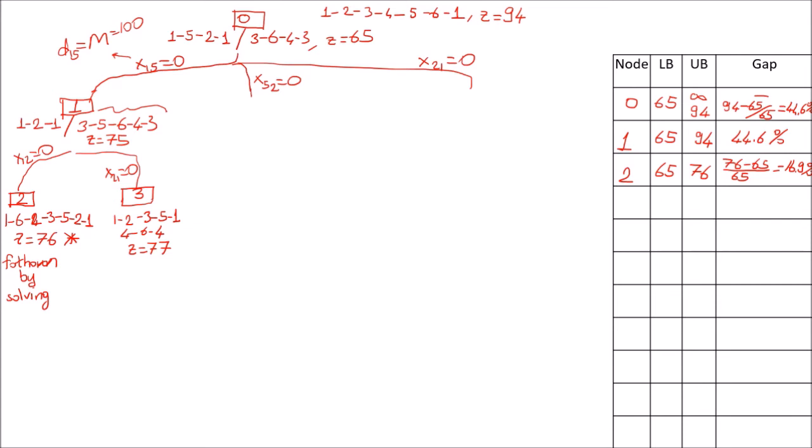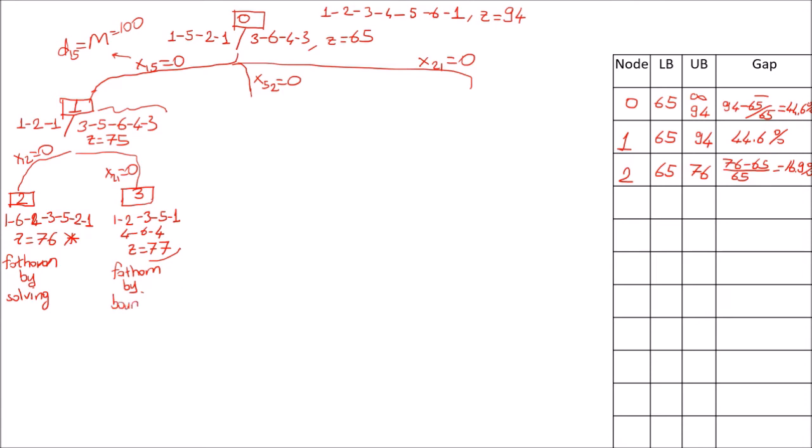Can we fathom because of bound? And when you look at the objective function value here, it is 77, and our previous solution was 76, so our incumbent solution is better than this one. It means that there's no need to evaluate this node further, so we fathom by bound.